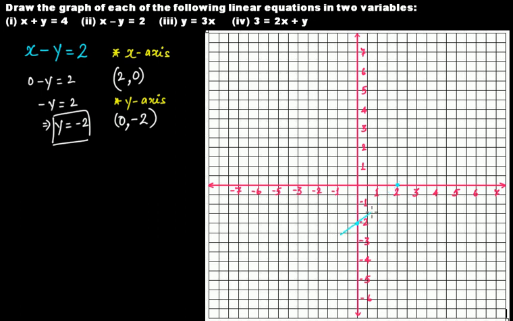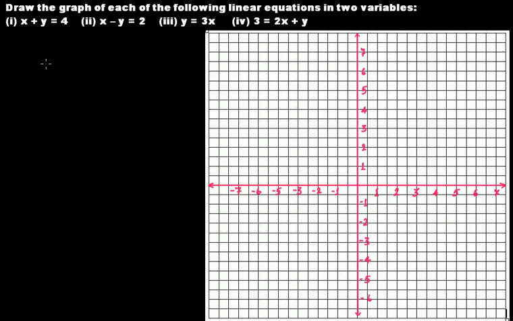Sorry, let me draw like this. So from these 2 points your line will pass through, and this point is 2, 0, and this point is 0 comma minus 2.